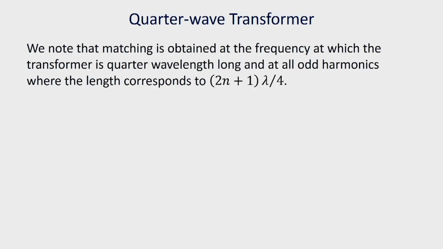So, exact matching is obtained only at a particular frequency, and also at all odd harmonics where the length corresponds to (2n plus 1) lambda by 4, that means 3 lambda by 4, 5 lambda by 4; for all these lengths also we will get exact matching.